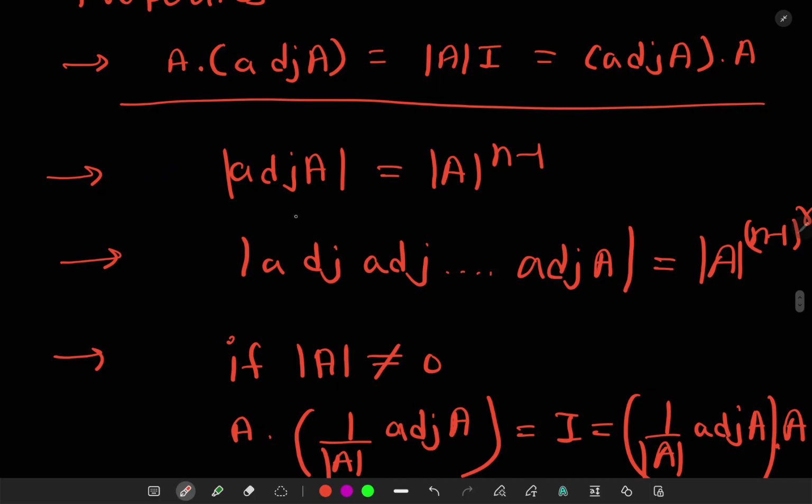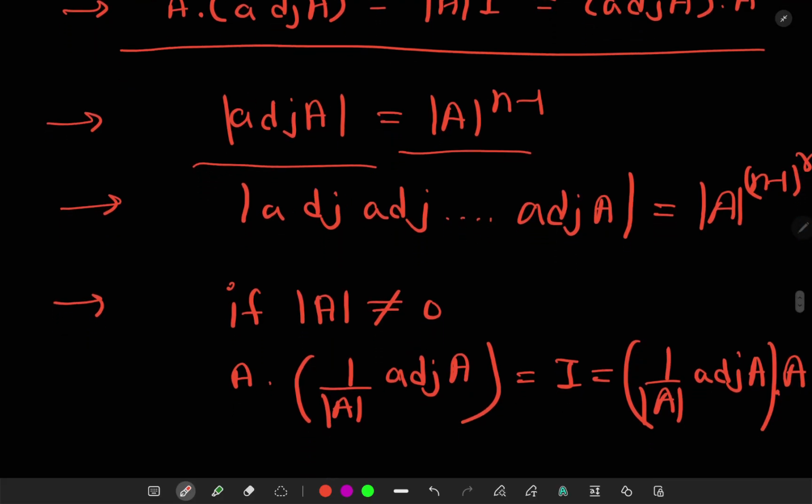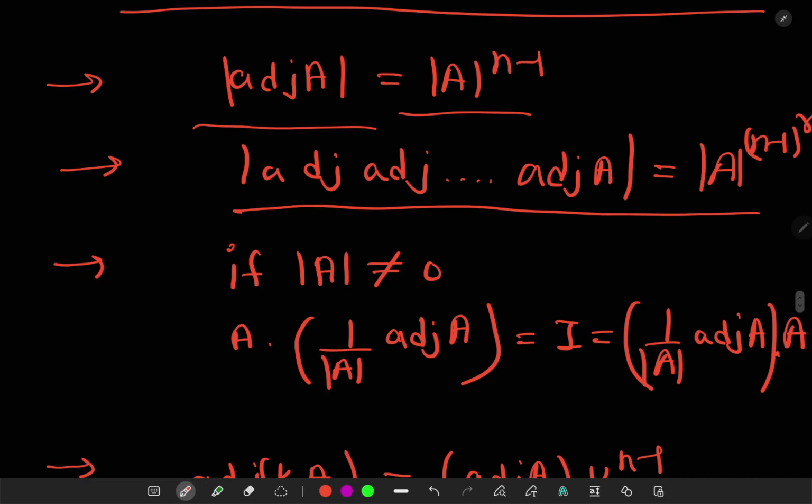If we take determinant of adjoint A, it is equal to the determinant of A raised to power n minus 1. Similarly, if we do it like that, adjoint up to so on, the determinant of adjoint A is equal to the determinant of A raised to power n minus 1 raised to power r.